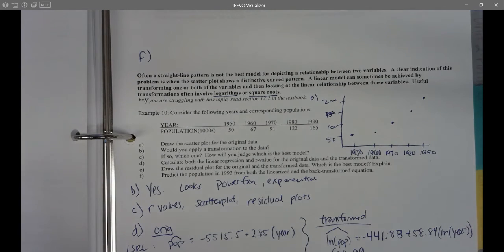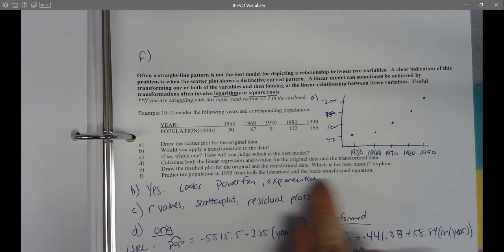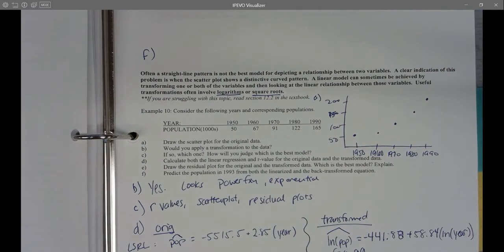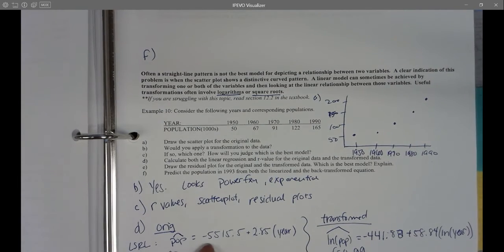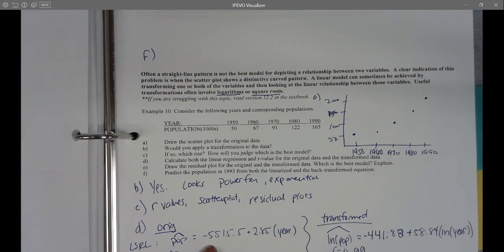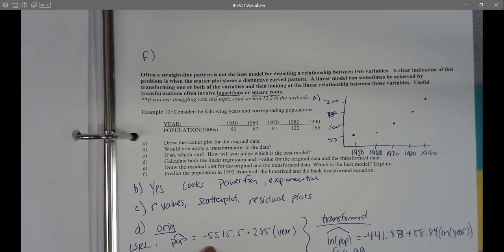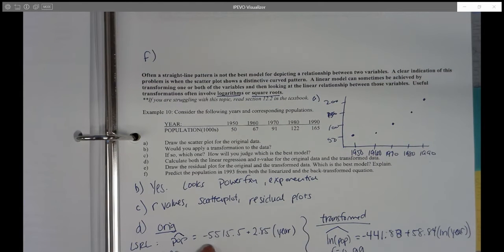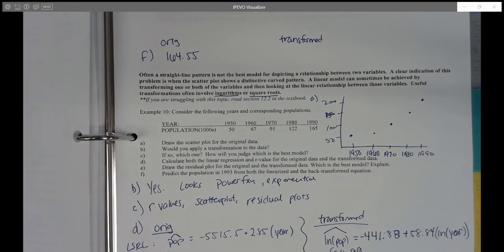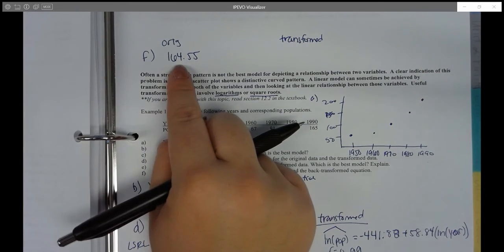So now we need to predict the population in 1993 from both the linearized and the back transformed equation. Let's calculate that. Go ahead and throw 1993 into this equation first, and I'll give you a second to do that. All right, I have my answer for the original.